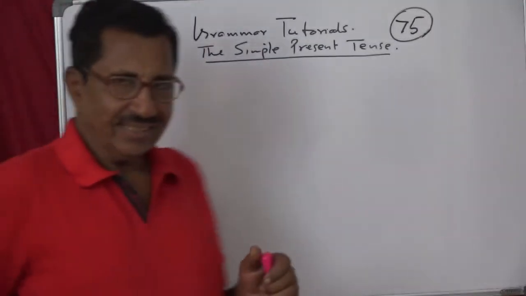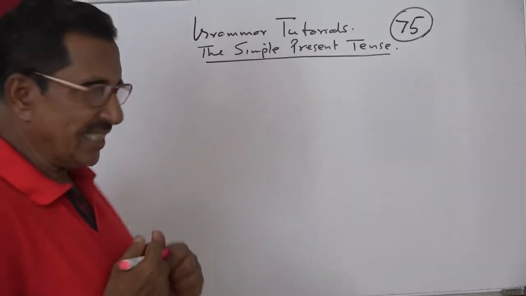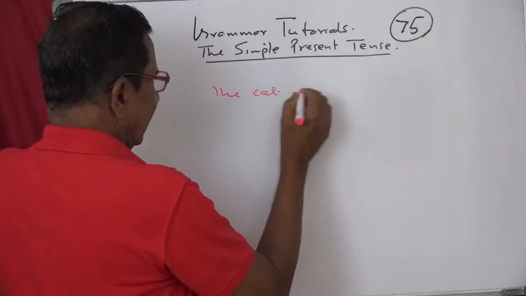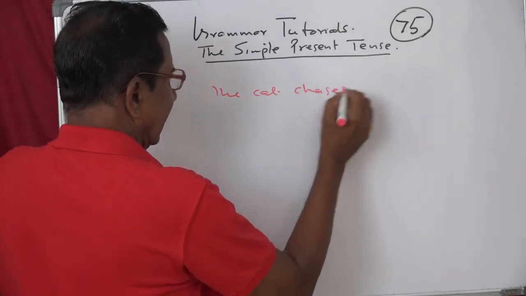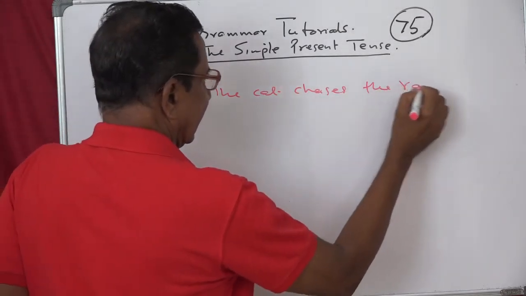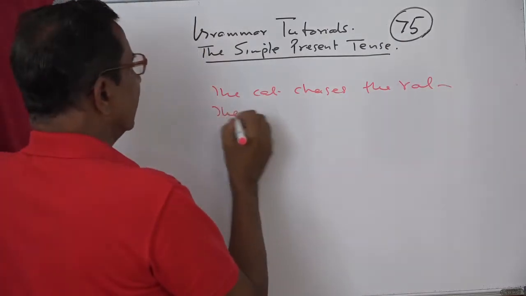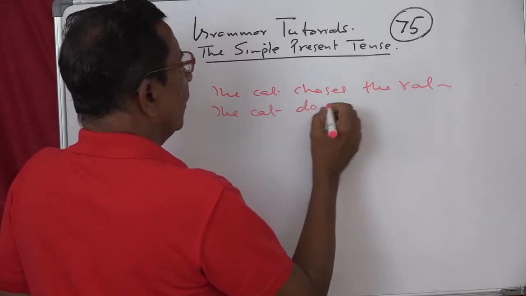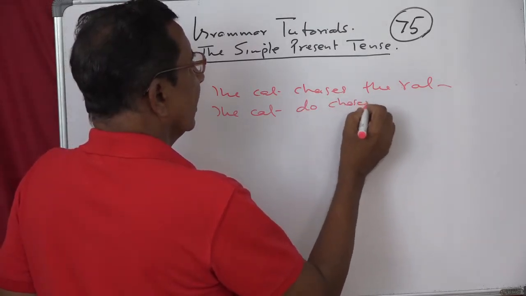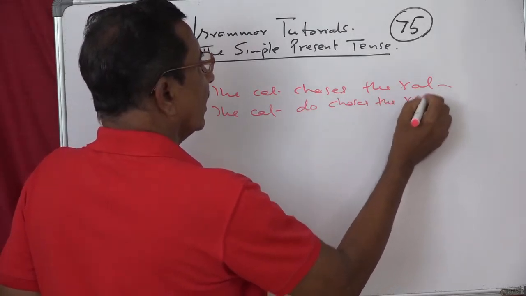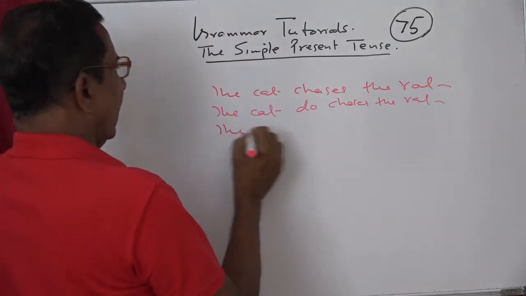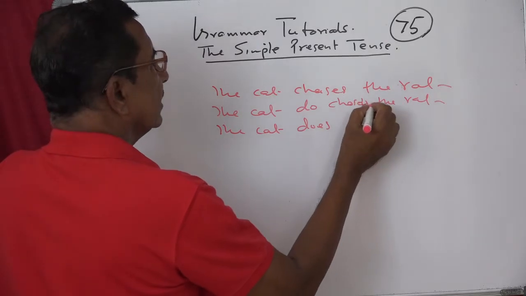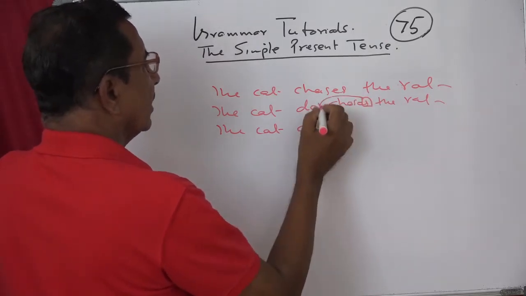Next one. The cat chases the rat. The cat, third person singular. The cat chases the rat. The cat does. This S is taken and brought here.